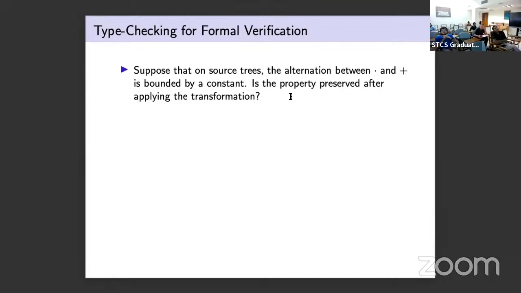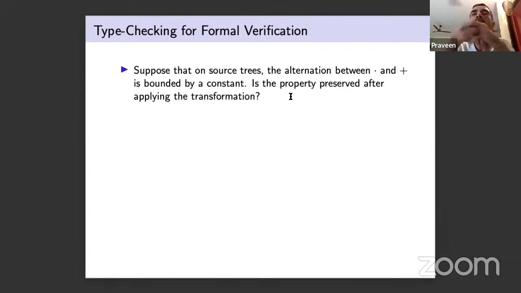So what do you mean by the alternation is bounded by a constant? This is just like alternation between quantifiers in first-order logic or similar formalisms. You look at the abstract syntax tree of your expression, and along any path from the root to any leaf, you look at how many times the operator changes from plus to dot and vice versa.